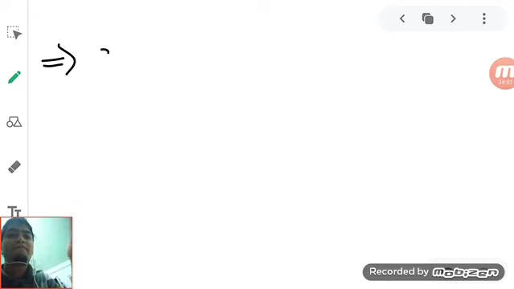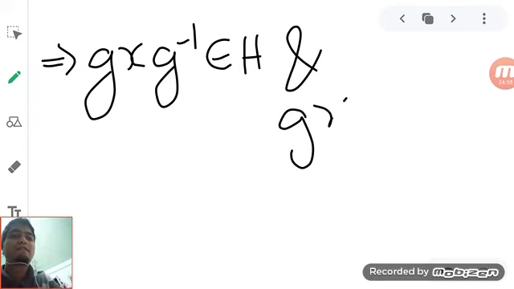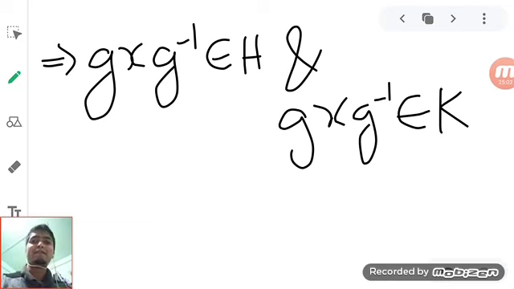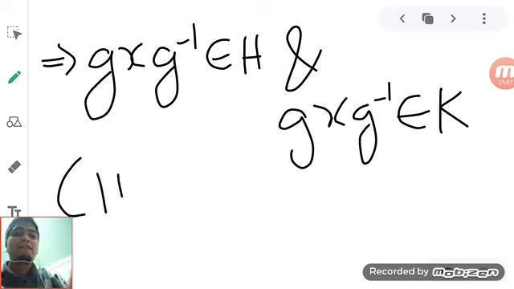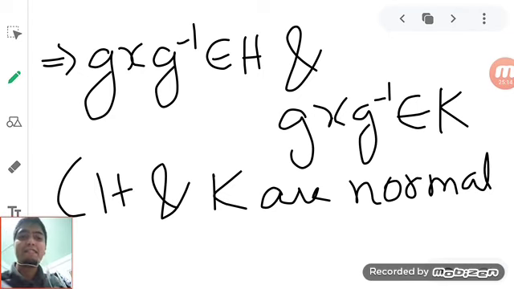What can we say? GXG inverse belongs to H and GXG inverse belongs to K. This is the reason for this one being that H and K are normal subgroups. If H and K are normal subgroups, they also satisfy the normal condition.